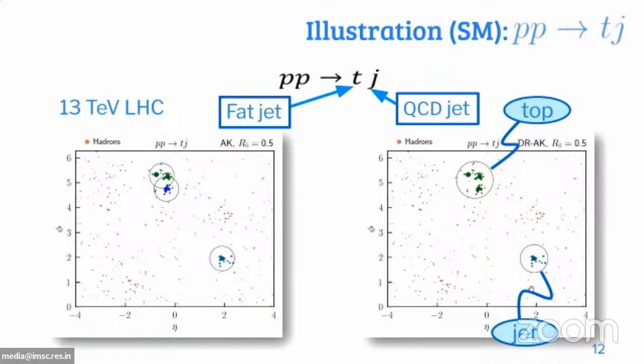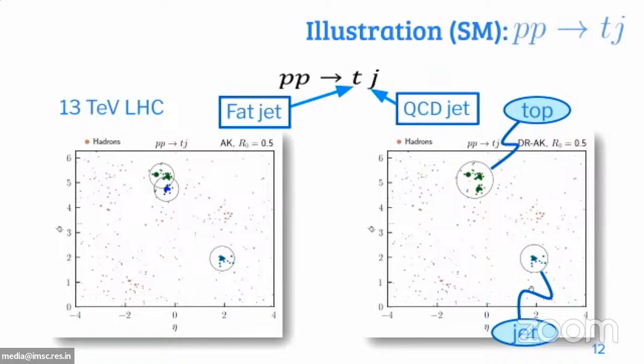Both represent exactly the same event, but one is clustered with standard anti-kT with 0.5 radius, whereas the right side has been clustered with the dynamic radius anti-kT, and the starting radius R0 is 0.5. Now what we can see is that this particular jet, which is the QCD jet and tends to be smaller, has been captured correctly by the standard anti-kT algorithm and also by our algorithm.